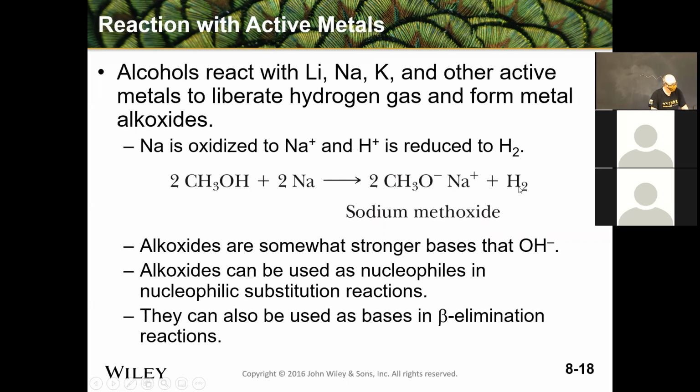In a pure element, the oxidation number is 0. So hydrogen gas is given off. The reason for doing this is these alkoxide salts are very useful in nucleophilic substitution reactions, for example, in making ethers. They could also be used as bases in beta elimination reactions.